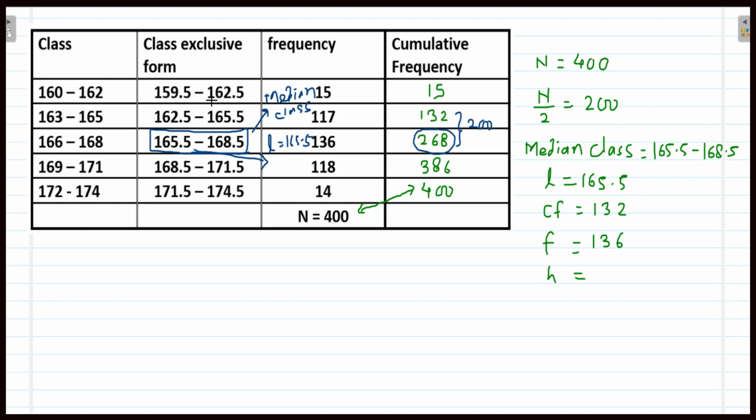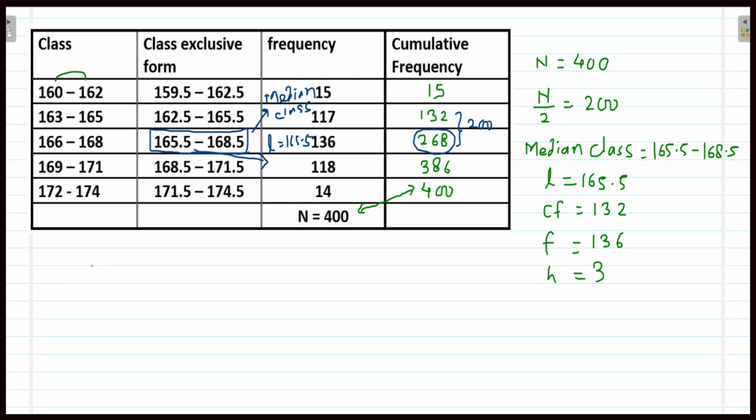So here the height of the class interval is 2. Sorry, here it is 2 in the inclusive form, but we have subtracted 0.5 from the lower limit and added 0.5 to the upper limit, and therefore it is not 2, it will be 3. We take the difference of these two limits, and so h will be equal to 3.